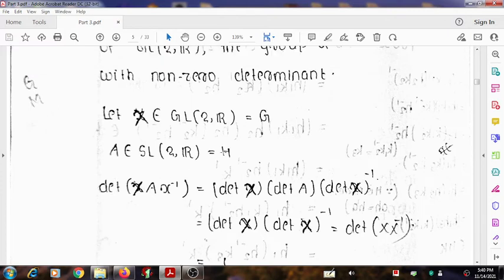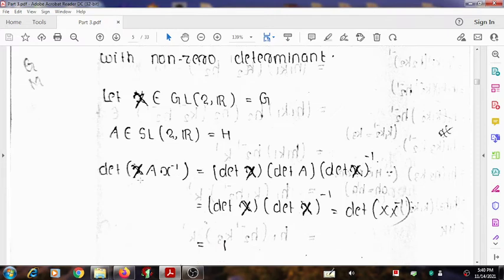Applying the determinant to this product, we get determinant of X into determinant of A into determinant of X inverse, and the determinant of X inverse equals the determinant of X, the whole inverse.